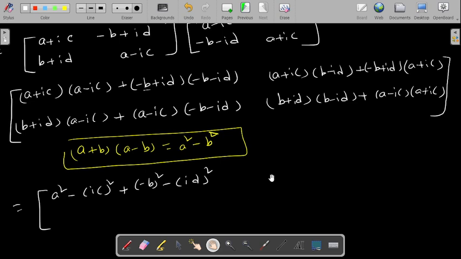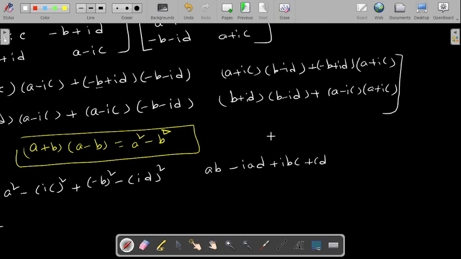Next here, I think you have to multiply A into B. A into minus iD, minus iAD, iC into B, that is plus i into BC. Next i square minus into minus plus plus CD.